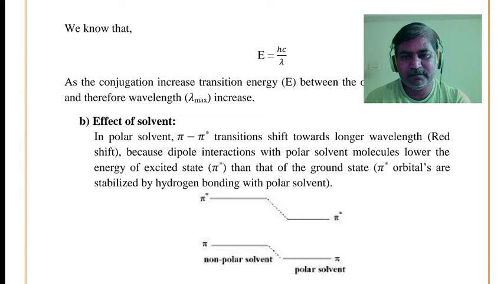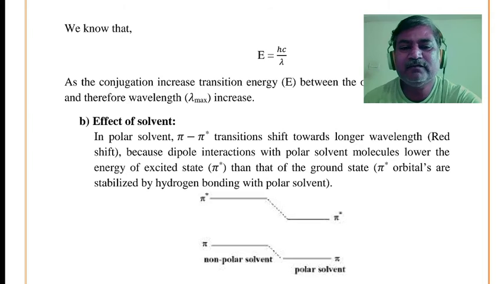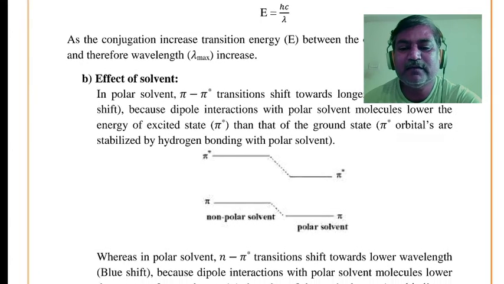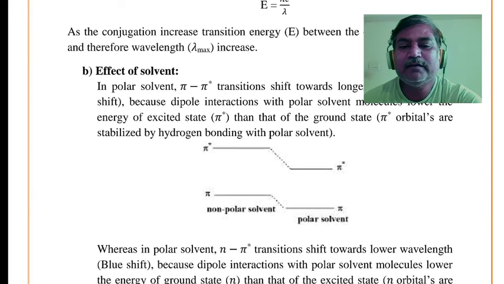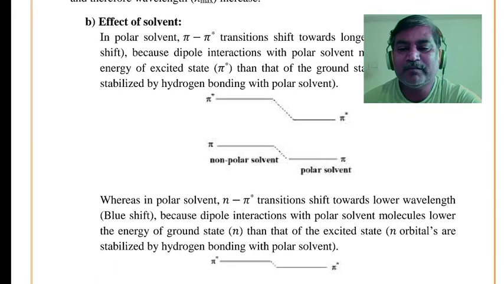Higher wavelength. While in case of non-polar solvent system, the difference between pi to pi star energy levels is higher and required transition energy is also higher. Higher the required energy for transition state, lower is the lambda max value.